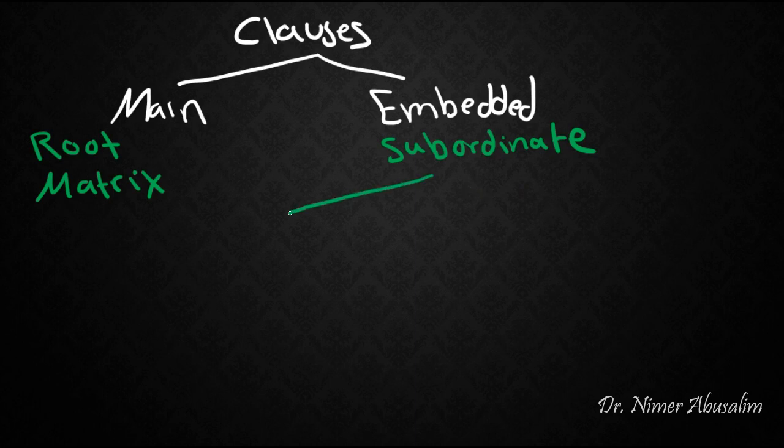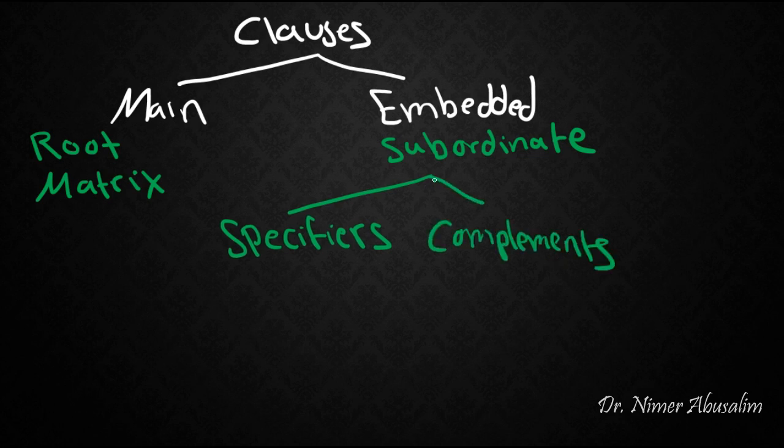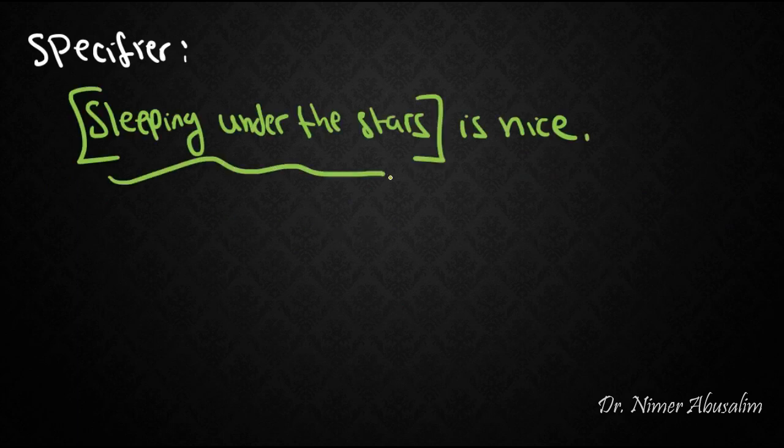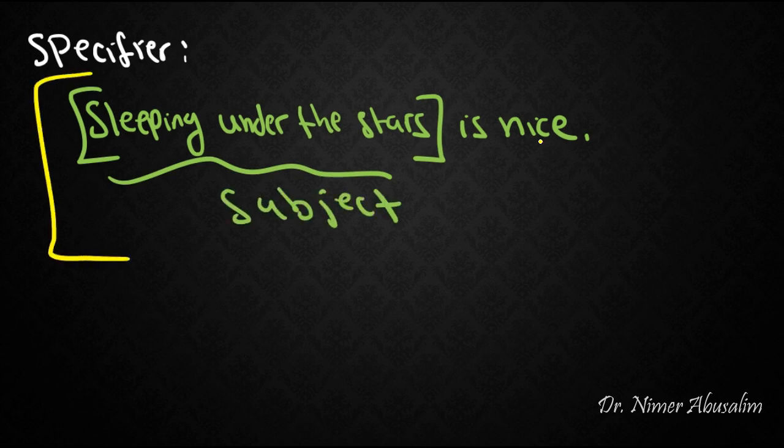Now, the embedded clause has three different types based on what they function as in a sentence. So just like phrases, they can be specifiers, they can be complements, and they can be adjuncts as well. Let's see what a clause would look like in a specifier position. Here's one example. This entire clause here functions as the subject of a bigger clause.